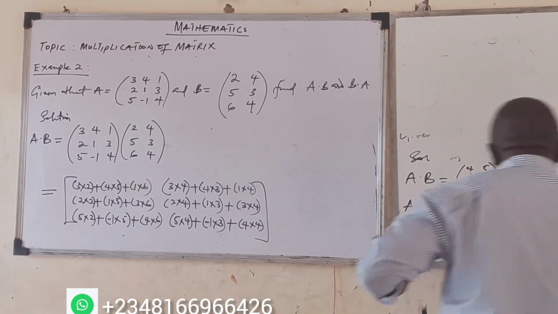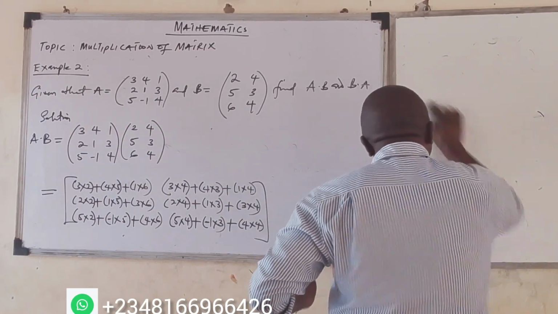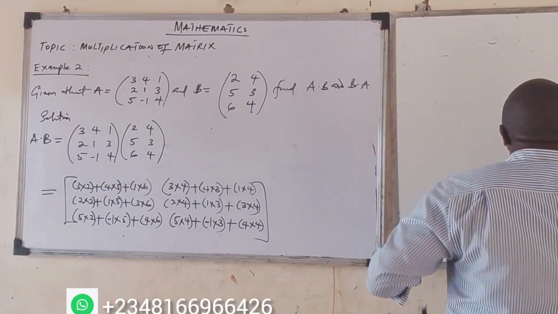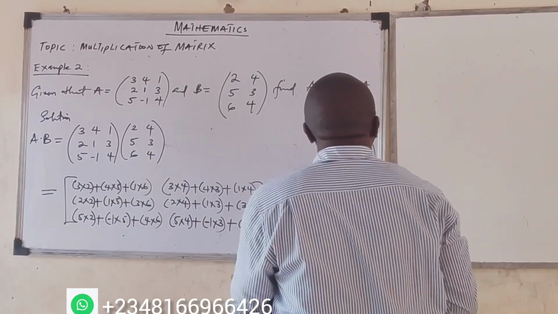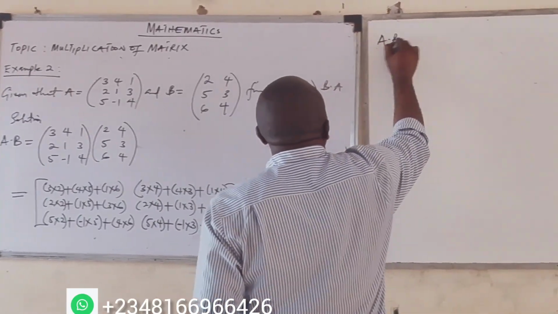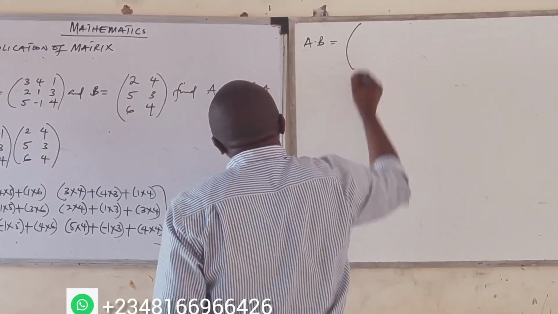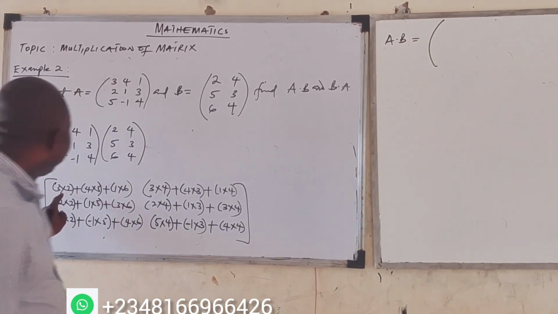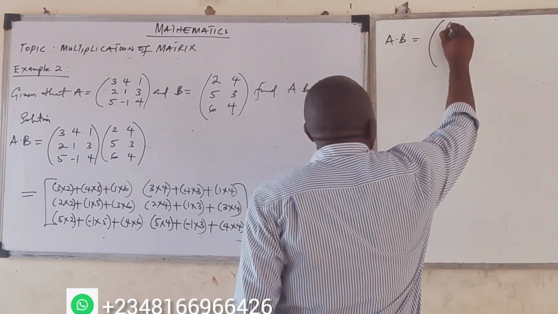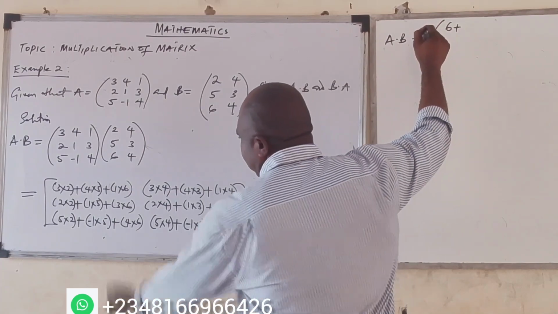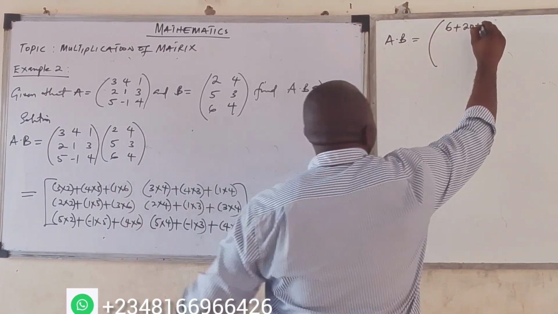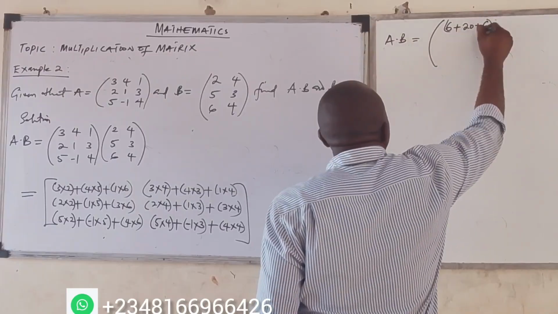A dot B will be equal to, now let's look at this. 3 times 2 is 6. Here we have 6 plus 20 plus 6, for this very one.